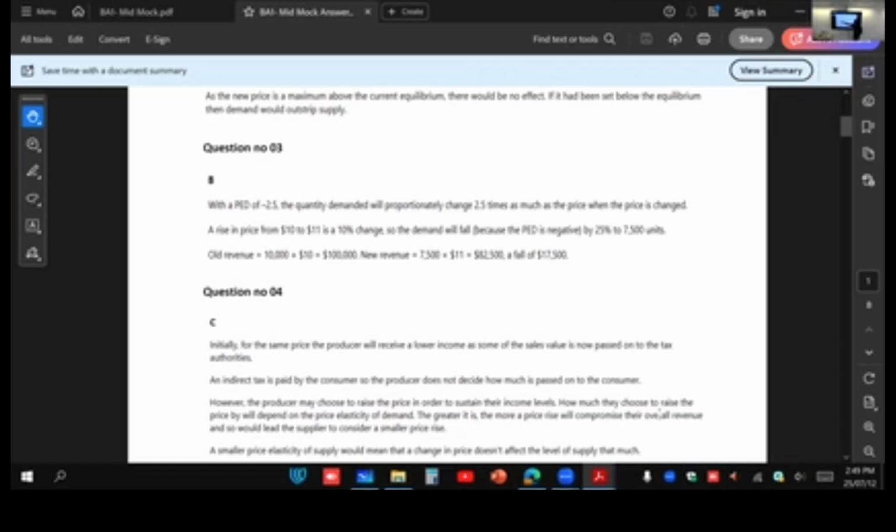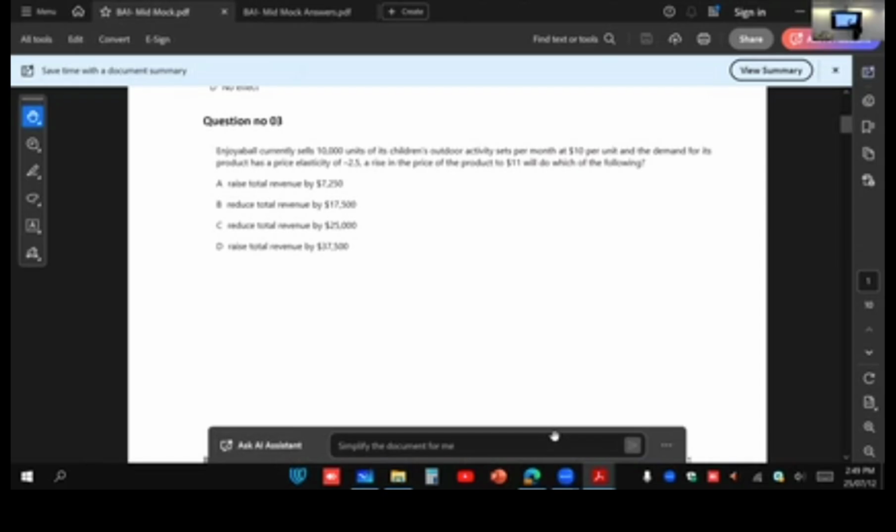Old revenue is 10,000 units being sold at $10. Old revenue is this. New revenue is 7,500 units sold at 11. 17,500. So the net change is this. Okay. Easy, right? Just a matter of putting the numbers here and there.